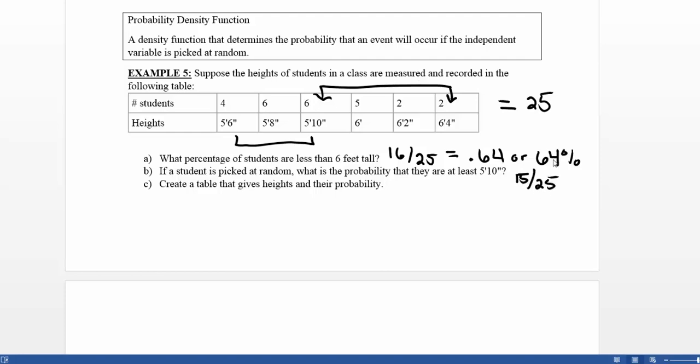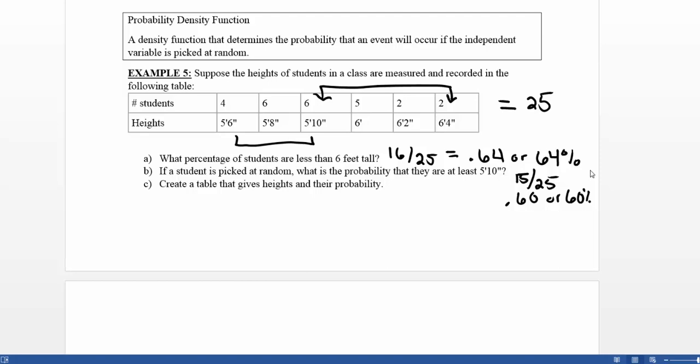So 15 out of 25 is going to give me 60%. So 0.60 or 60%. So since 60% of this population meet this requirement, that means if I were to pick one student at random, there is a 60% probability that they will be at least 5 foot 10, because that is the fraction of the population that has that characteristic.